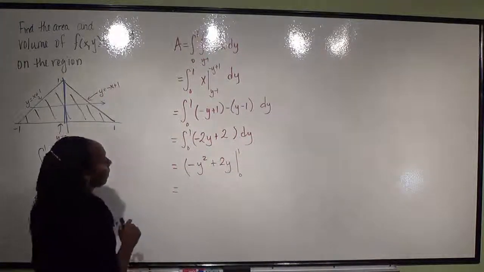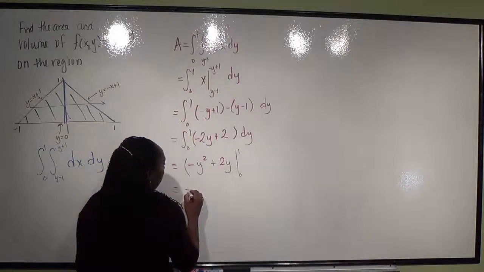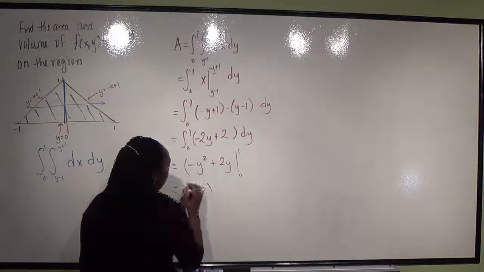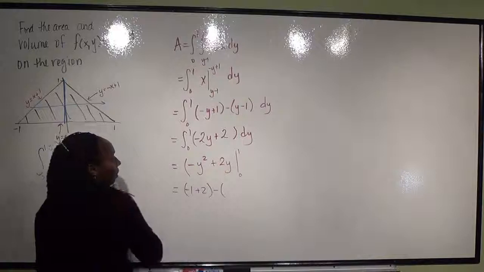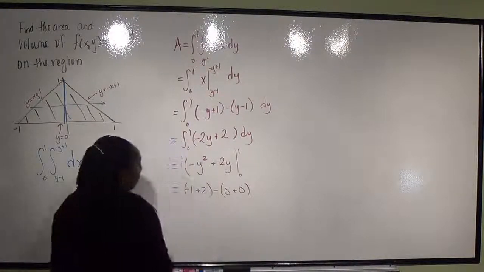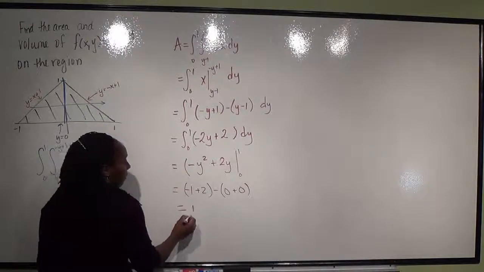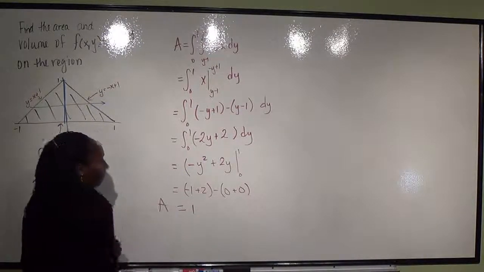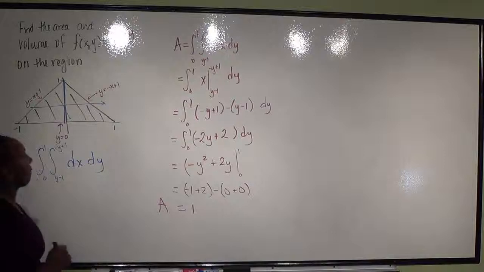At my upper limit, I can plug in. I'm going to get a negative 1 plus 2. At my lower limit, we can see that's going to go away. We'll just get 0 and 0. So my area here is just going to be 1.